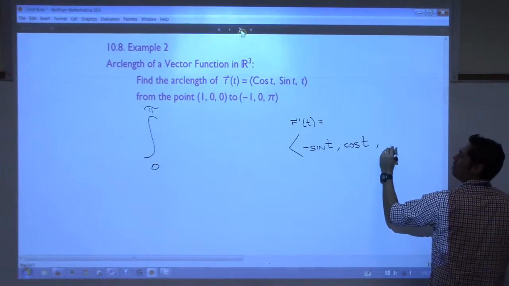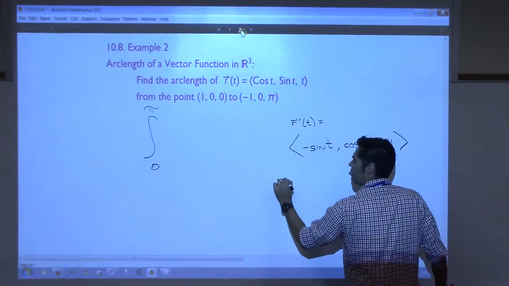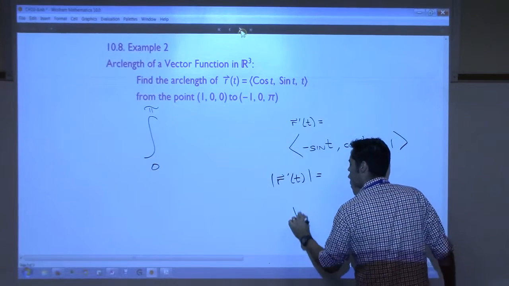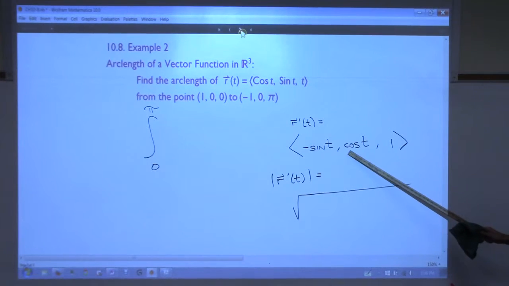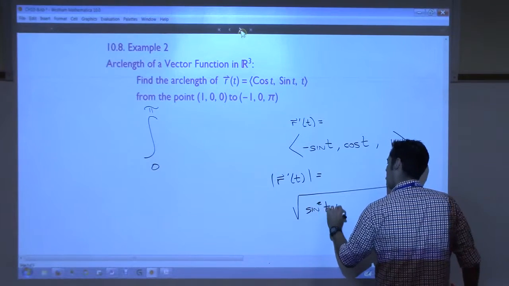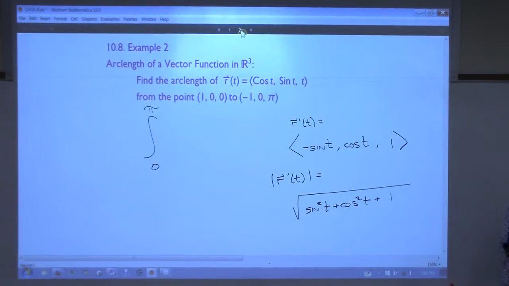What is this last one? 1? Now the length. Square root of sine squared t plus cosine squared t plus 1. Which is what? Square root of 2.